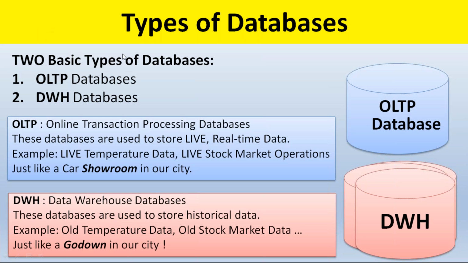There are 2 basic types of databases, very simple and straight. One database type to store live real-time data. Live real-time data, like for example, a live cricket match or live temperature, live stock market operations.